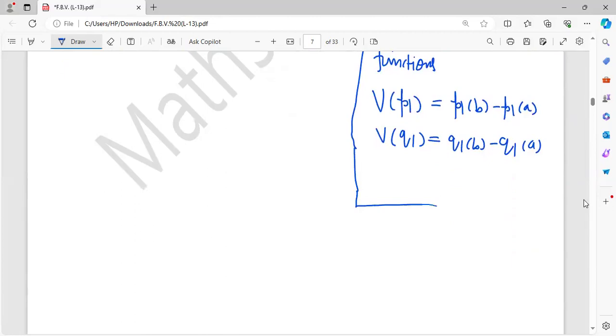And what is VQ? QB minus QA. Put these values here. Okay. So put these values here.